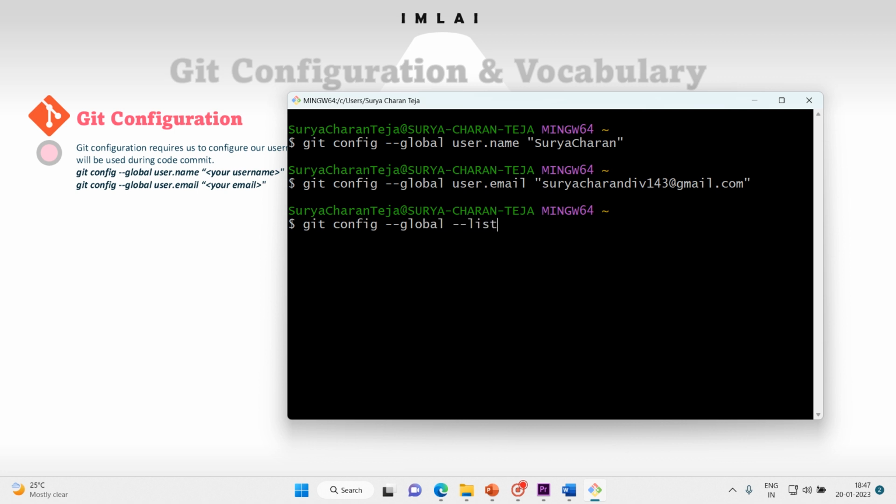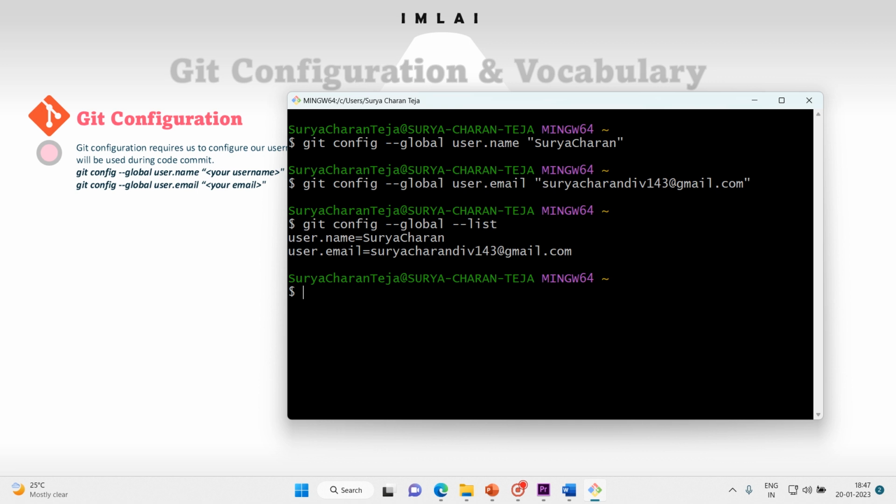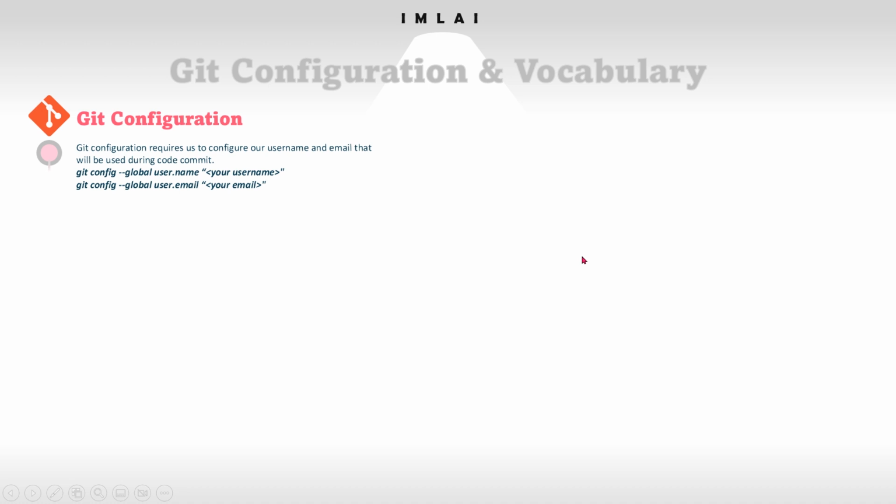There won't be any argument. That's it: git config, the global option, and then the list option. This list option lists out all the configuration details related to global. That's it. user.name is Surya Charan, and email is this. So that's how we configure our Git initially.